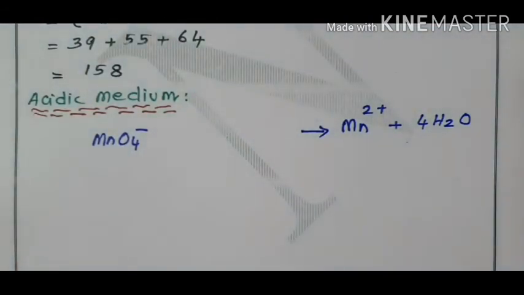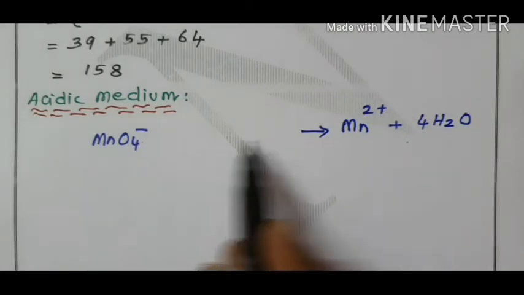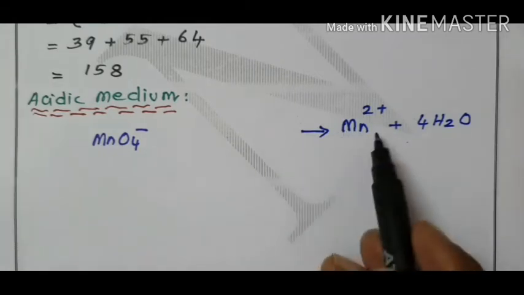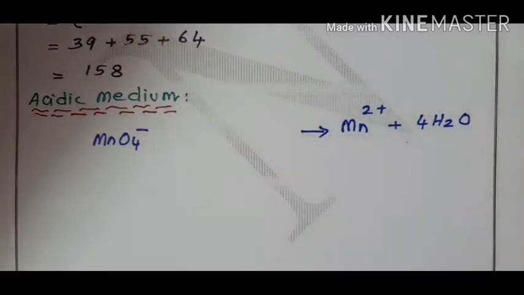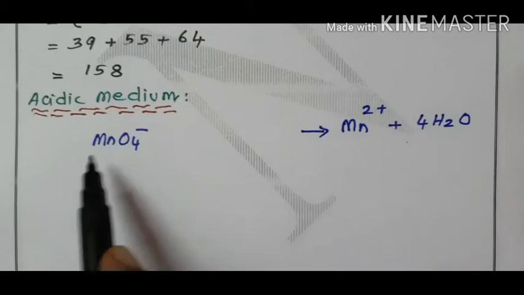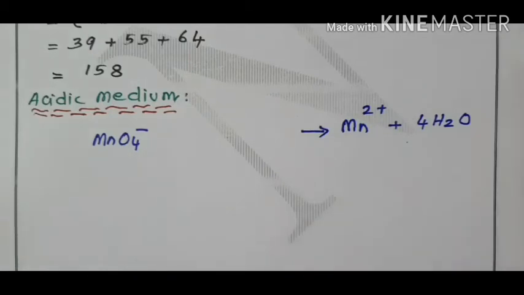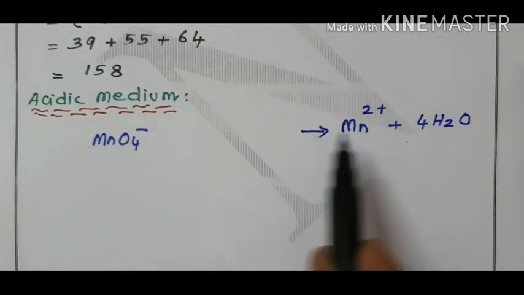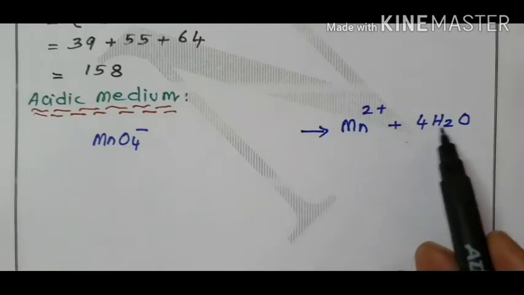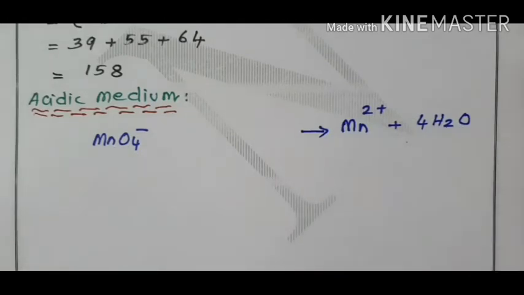So, in acidic medium, permanganate ion is reduced into Mn2 plus ion. First we have to balance the number of elements on both sides. Here we have the metal, 1 manganese. 4 oxygens are balanced by adding 4 water molecules.